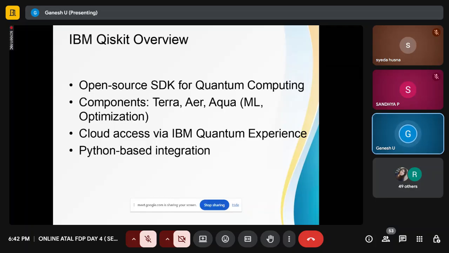These are the properties of Qiskit, and mainly why we are discussing the Qiskit SDK in this session is that it has these many features, and it also has optimization tools.